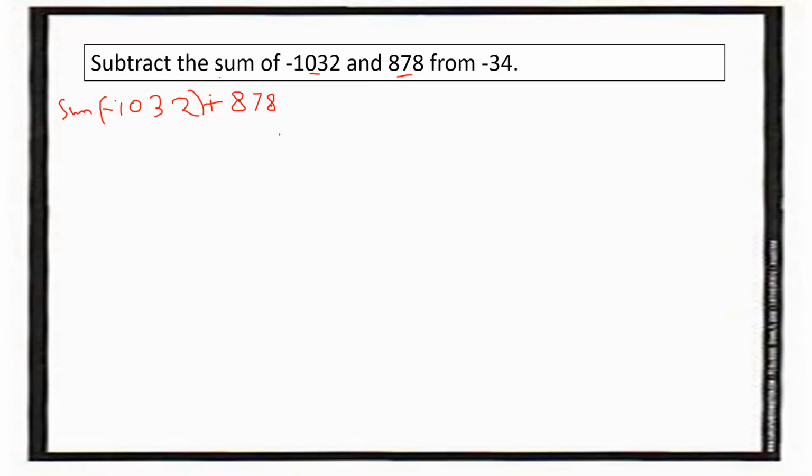So simply 1032 minus 878, and just forget about the sign, because the sign depends on the greater number. If you subtract it, then you will be getting 154, and then the sign will come with the greater number. Is 1032 greater or 878 greater?